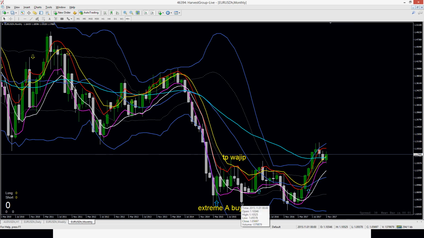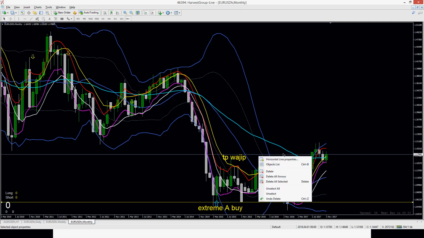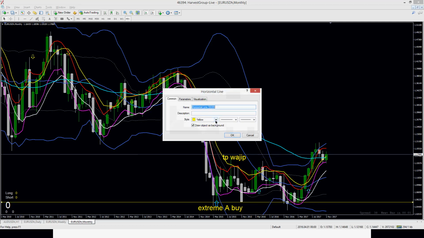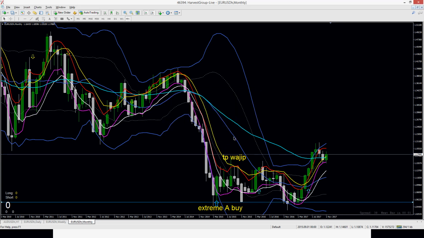Suddenly the price was over here, but however this was the lowest at this particular juncture. So I would always mark this lowest point. Okay. So the next time the price comes here, then this is a buy opportunity as long as there is no candle that becomes a momentum on the low BB.